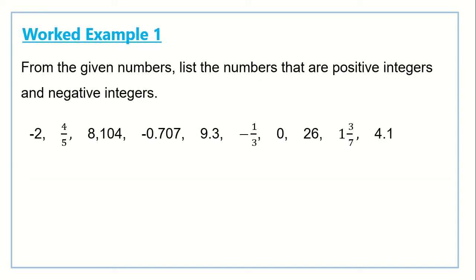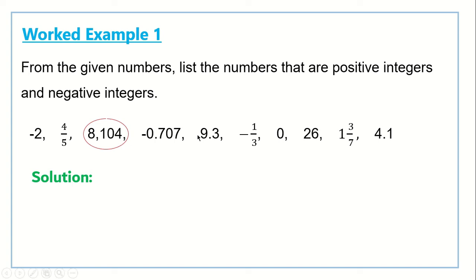Okay? And for now, let's look at this example to help us to understand more about positive integers and negative integers. Now, from the given numbers, list the numbers that are positive integers and negative integers. Okay? So, we need to know the positive integers. So you can see that we have got 8,104. Okay? That is a positive integer.